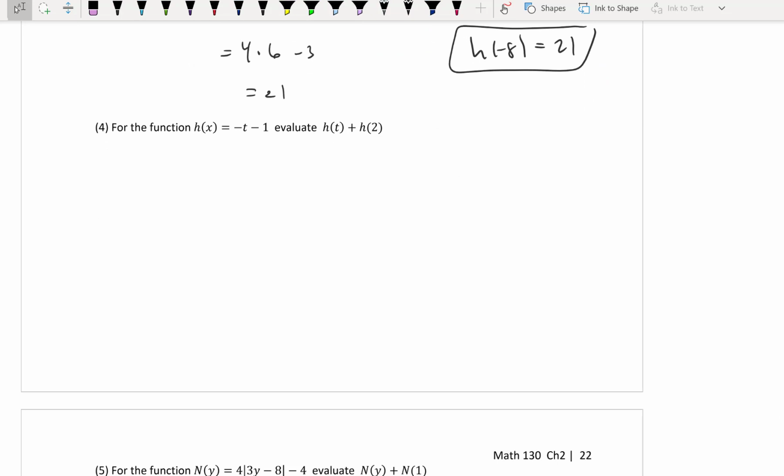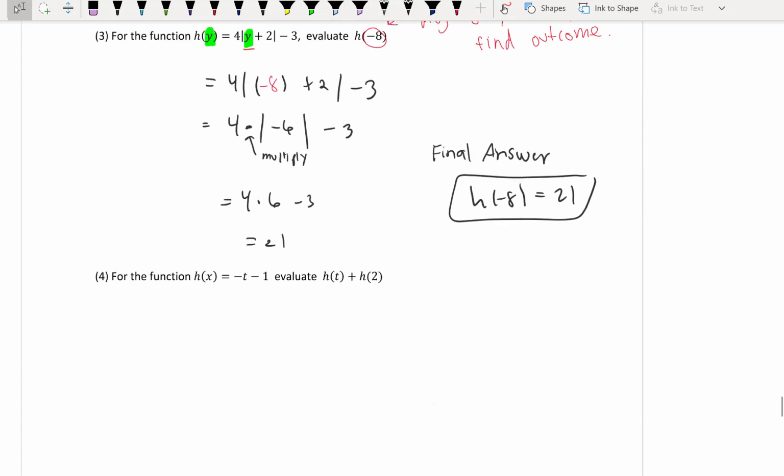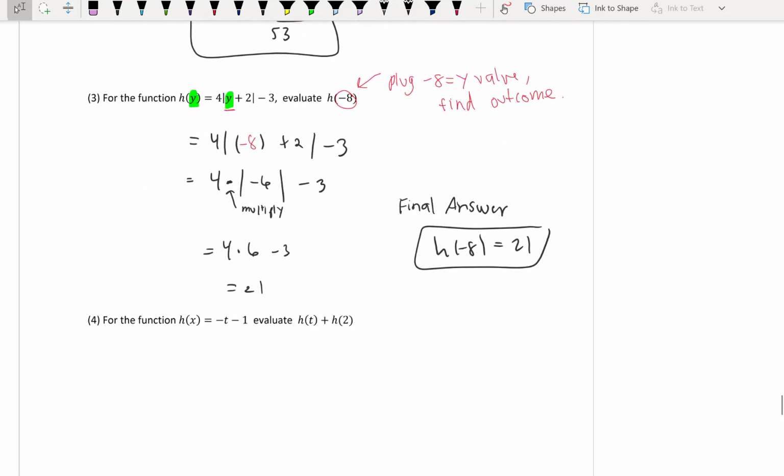Now, for number 4, they're just getting a little fancy with the notation. For number 3, it says, hey, when you plug in negative 8 into your original equation. Now this is saying that for the function h of x equals negative t minus 1, evaluate h of t plus h of 2.